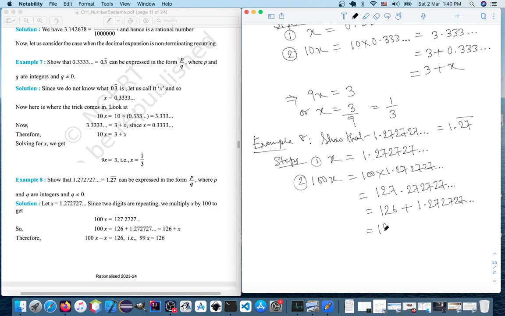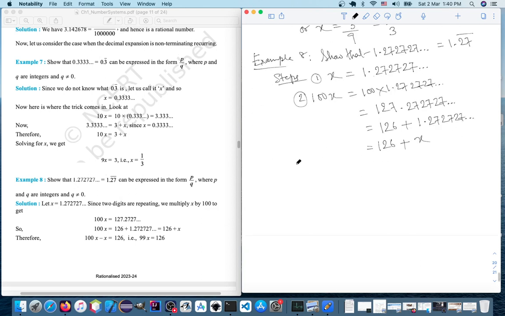Now 1.272727 is the original given number x. So we got an equation from here. If we solve, we see that 99x equals 126.